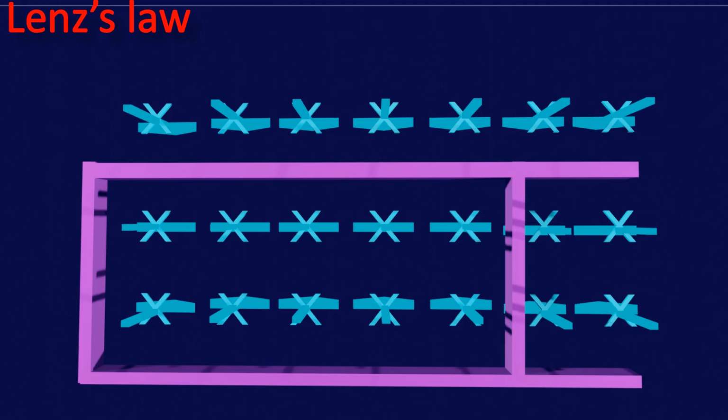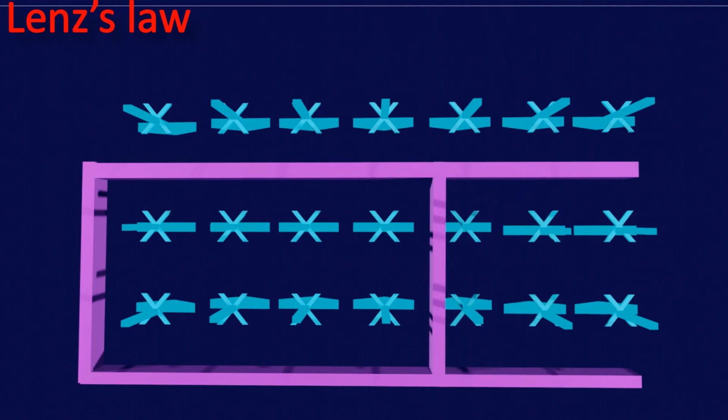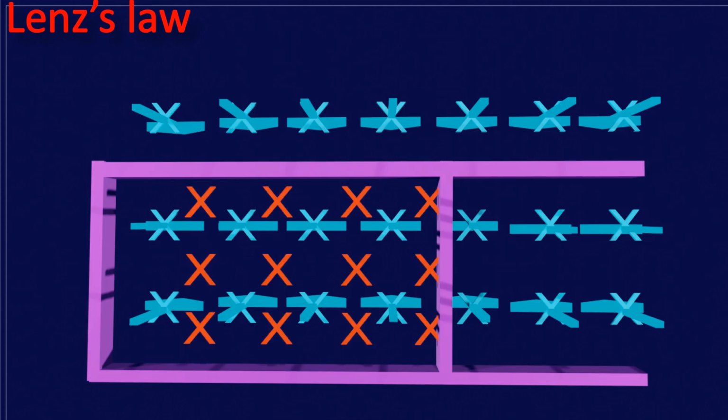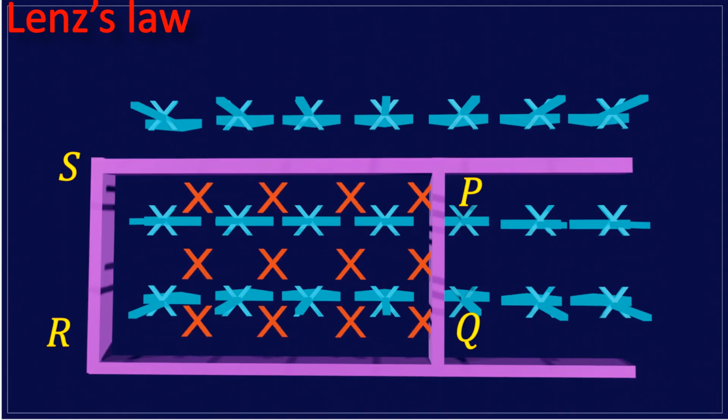If the arm PQ moves to the left side, the magnetic flux decreases. To counter the reduced magnetic flux, new magnetic field lines are produced. The new magnetic field lines are represented by red colored crosses.